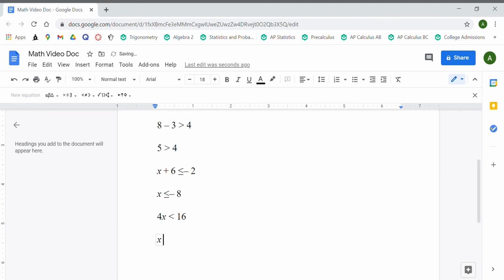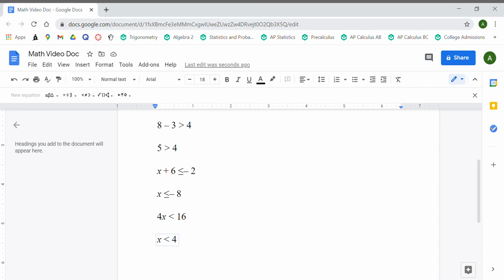You should divide by 4 on both sides. You should have x is less than 4. Because x cannot be equal to 4, we need to draw an open circle and shade to the left.